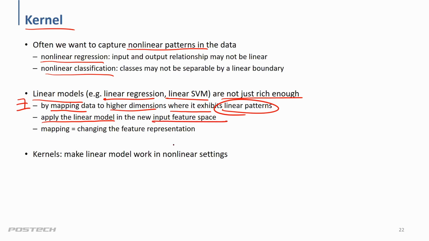Okay? So the kernel makes the linear models work in nonlinear settings. That's why, when finding nonlinear patterns, it's really important or critical to find the right kernels to do that.